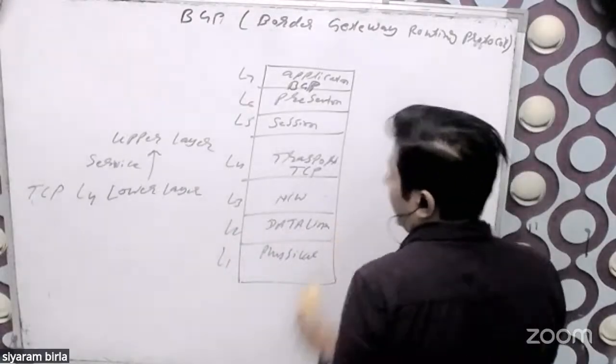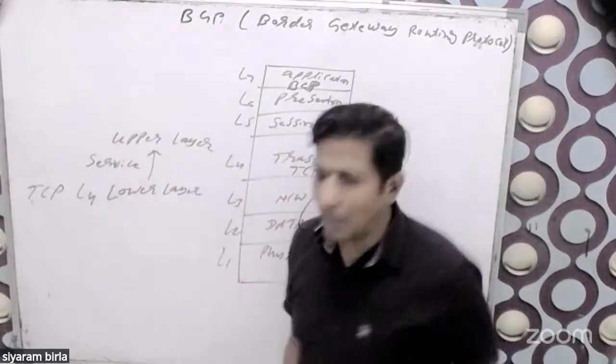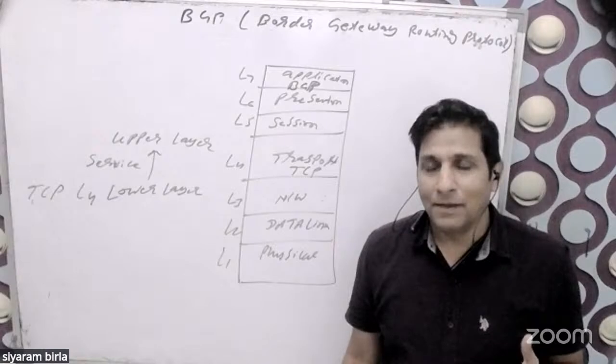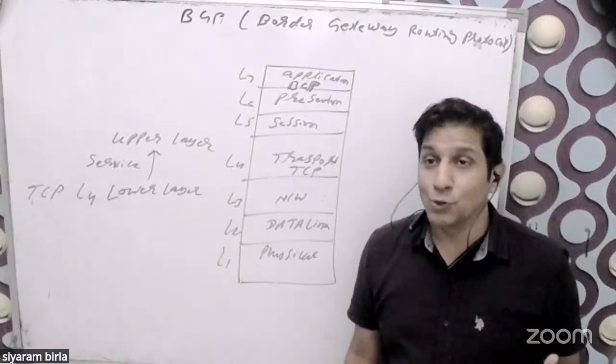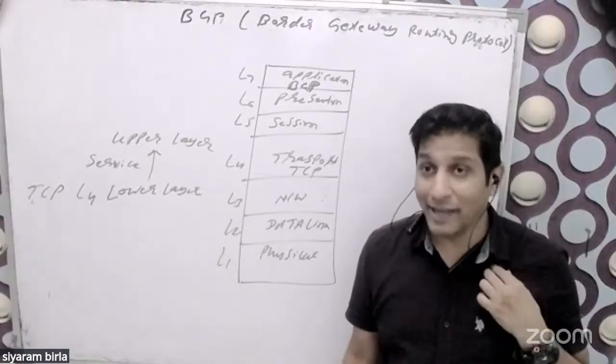And for any protocol, suppose in our company we are identified by our employee ID. Our salary comes only against our employee ID, because the company doesn't know our name.